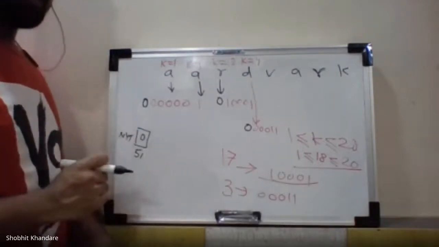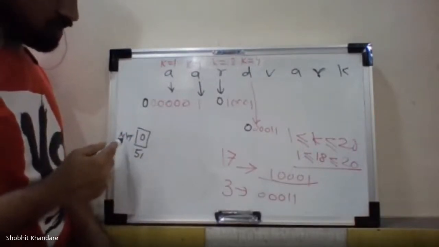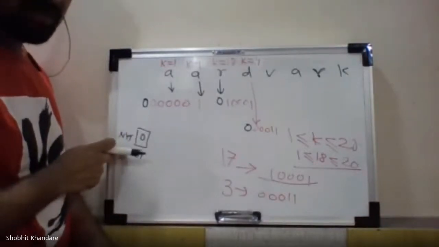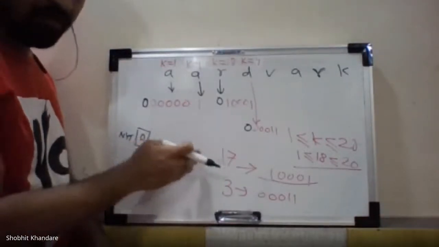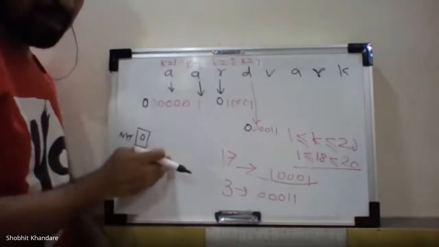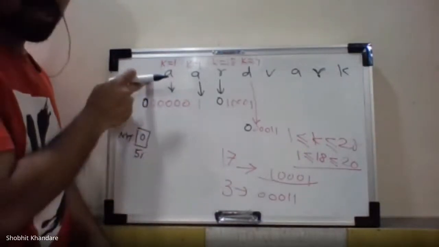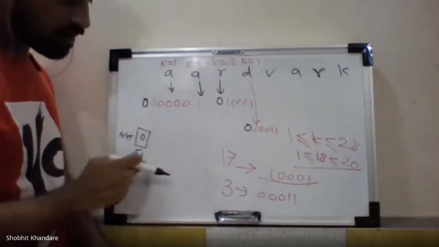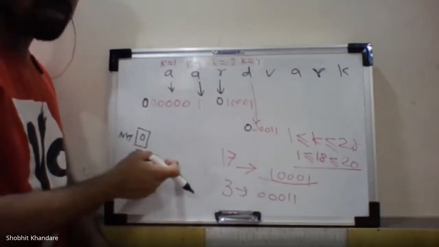Whenever you start with this NYT, always remember that we started with NYT and gradually developed the tree. Similarly, while encoding also, we go step by step, with step by step upgradation of the tree.